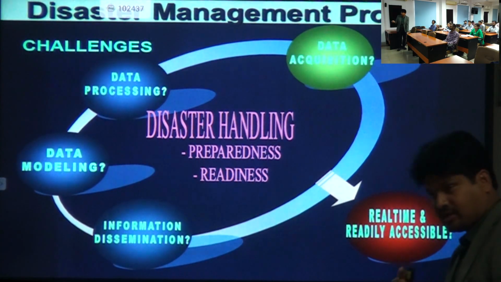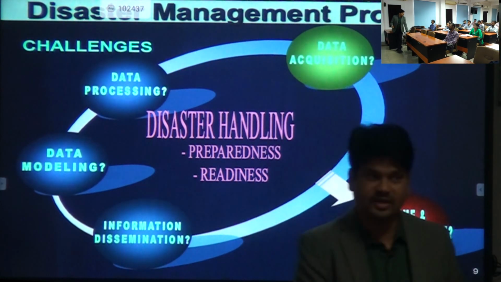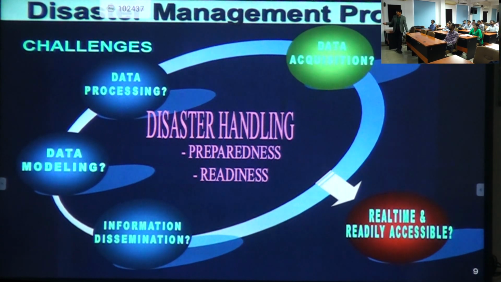Understanding the uncertainty of the data, creating your spatial database, creating your correct attributes, cleaning your database and everything. This is where it is done. Then you have the data modeling. That's what we are learning. Different types of models, you know, and so on. Then finally we do the information.